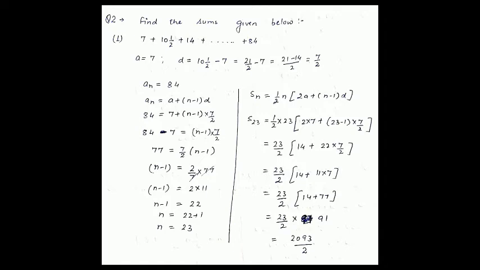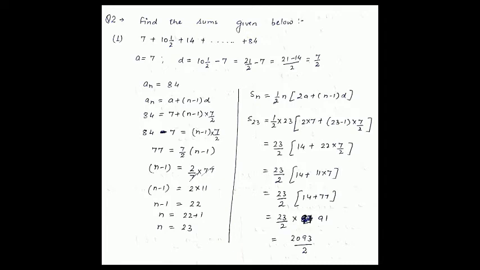After finding the value of n, we can easily find the sum of n terms. We have found the value of n, and in place of n we will put 23. So we have found the sum of 23 terms. So S23 will be 1 by 2 into 23, 2 into 7 plus 23 minus 1 into 7 by 2. We have simply put the values.